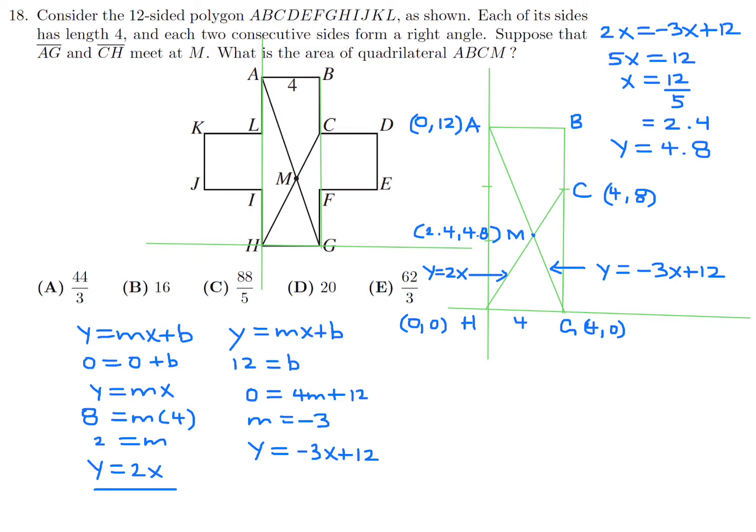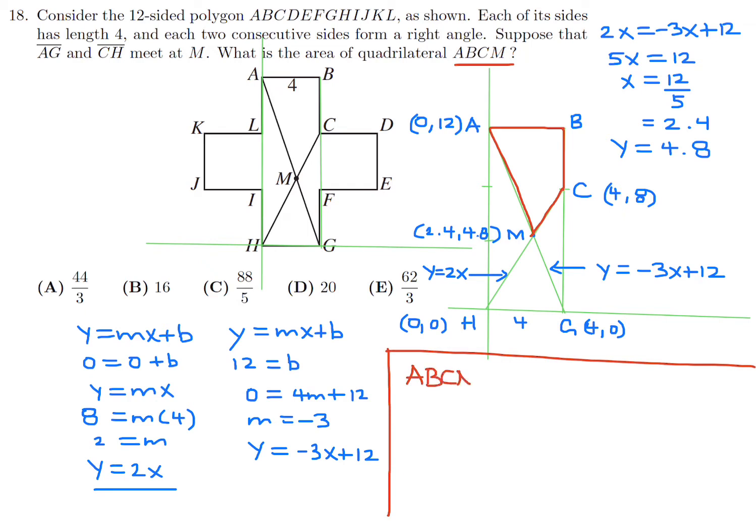Now we finally get to the point where we can calculate the area. And what do we want? We want ABCM, that shape. So here we go. ABCM is going to be equal to, first, the full rectangle ABGH, right?